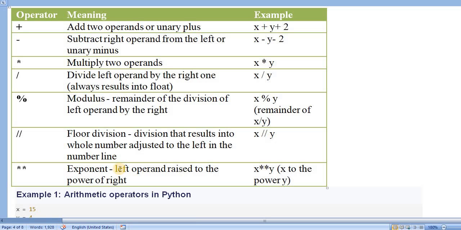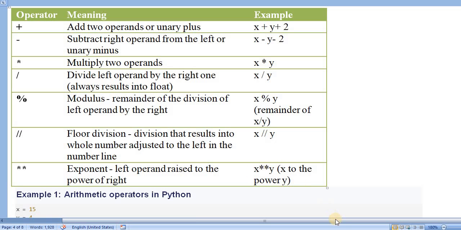And this operator, double asterisk, is the exponent operator: the left operand raised to the power of the right. When one operand is raised to another, we can use this operator. Suppose you want to write the expression x to the power y, we can form the expression this way.